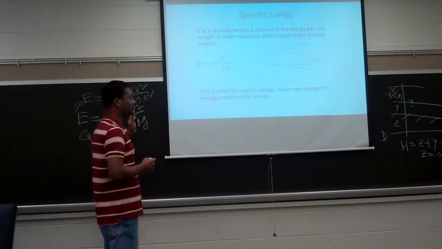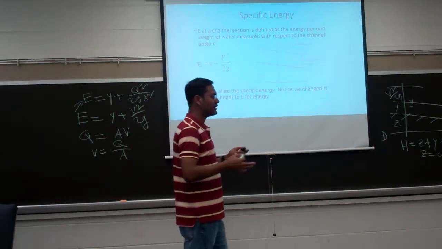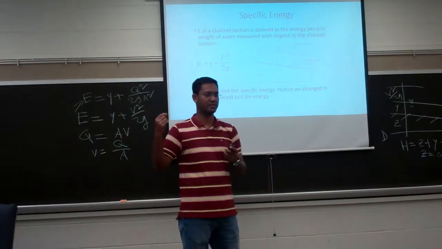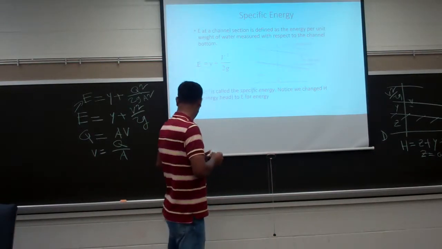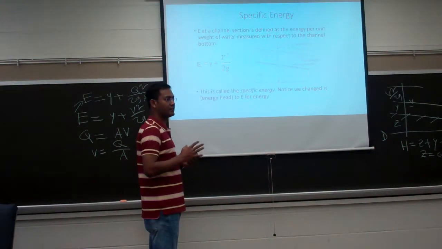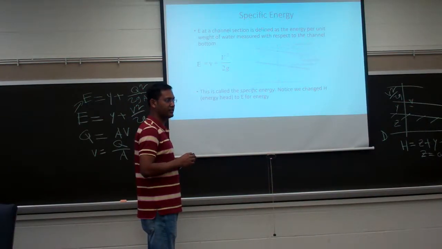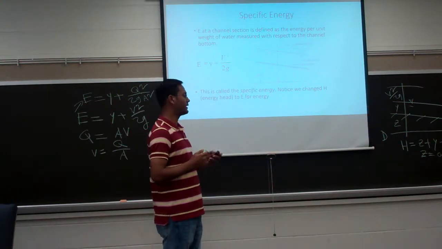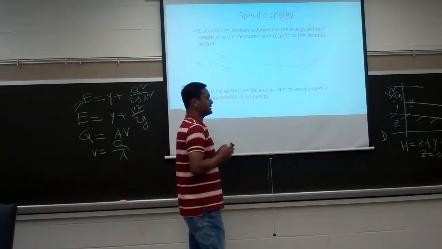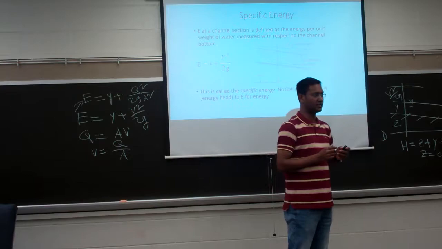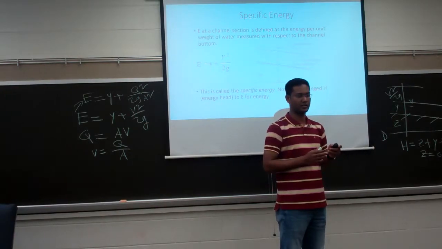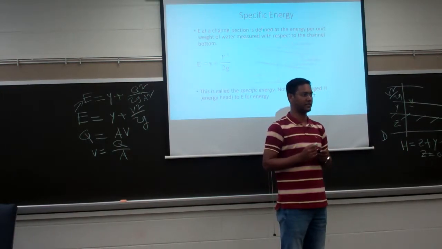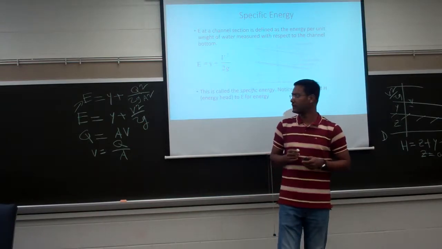So what is the diagram or curve? It's a diagram which will represent specific energy, but the diagram is pretty interesting and very meaningful. So the specific energy diagram is a representation of depth of water against the specific energy, right?